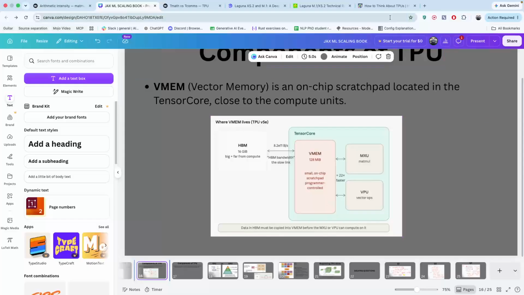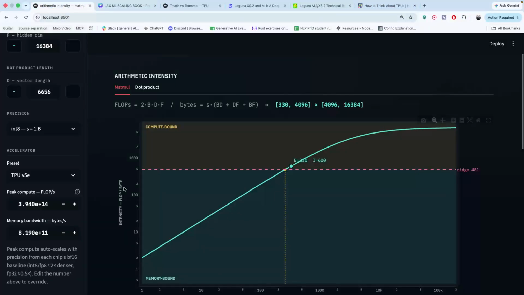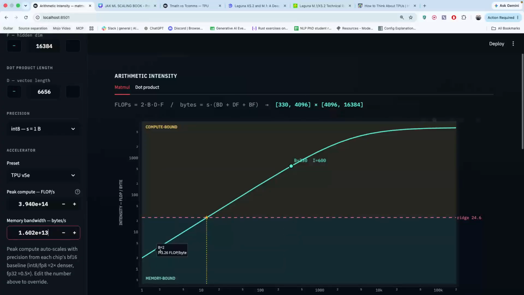So if you look at our arithmetic intensity, your accelerator bandwidth is going to be 22 times this, which is, let's say, around 160. You can see your ideal batch size now goes down by a lot, after which you start to hit the compute bound region.